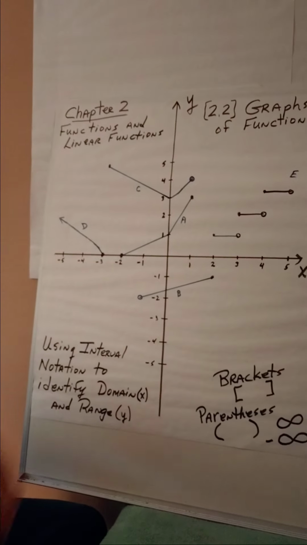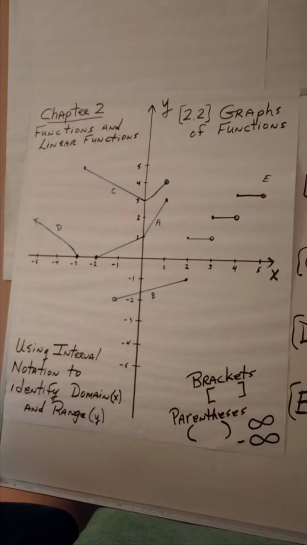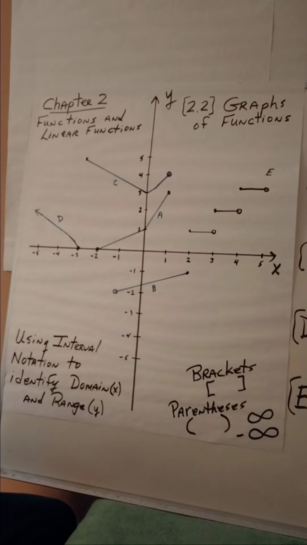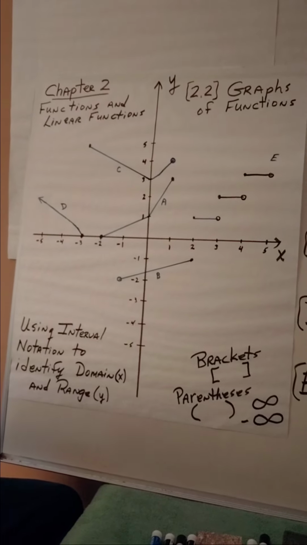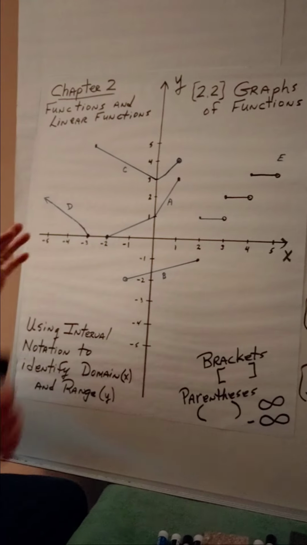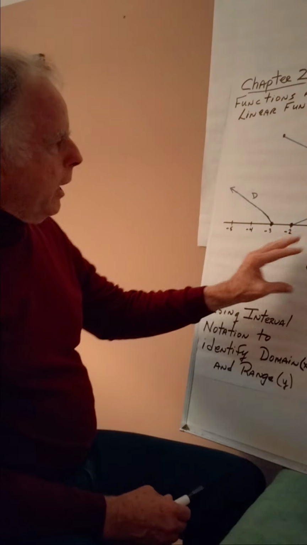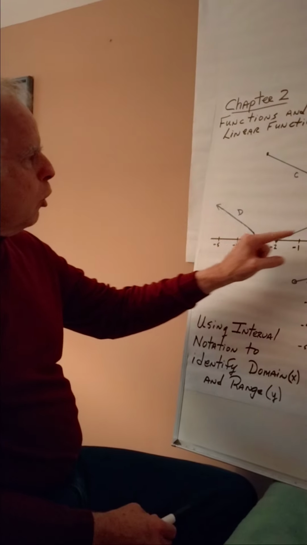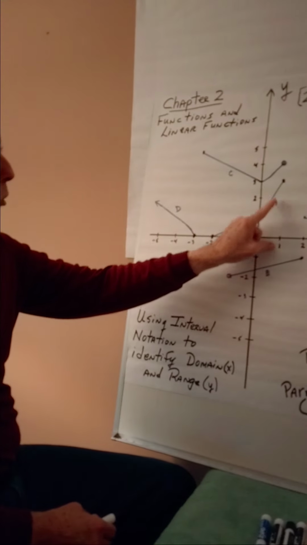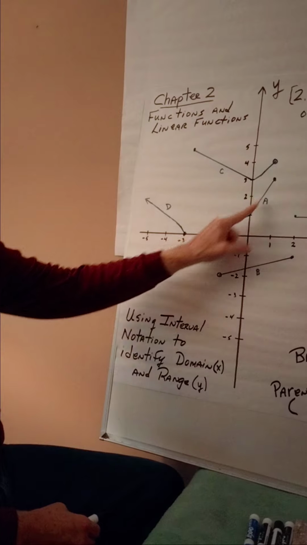That is a bit of information that we wanted to speak to first before we actually would get into the concept of domain and range. Now, what I'm going to try to do is I begin with graph A. This is graph A. We'll do him first.